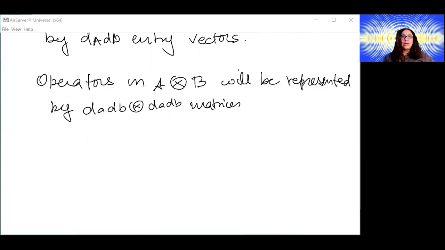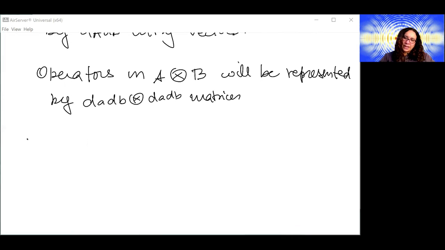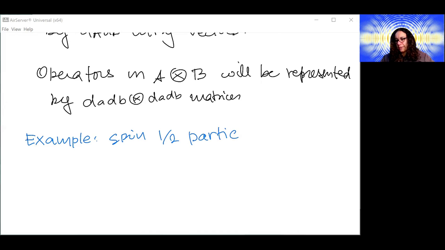Let's have a look. Again, a spin half particle is quite useful because it's widely used and you just have 2 dimensions for each particle.